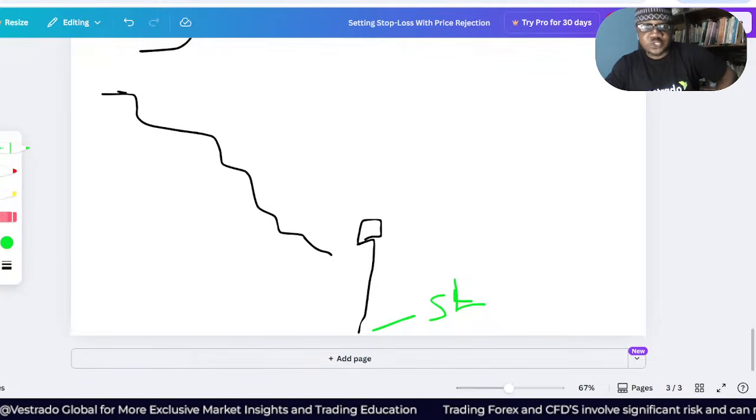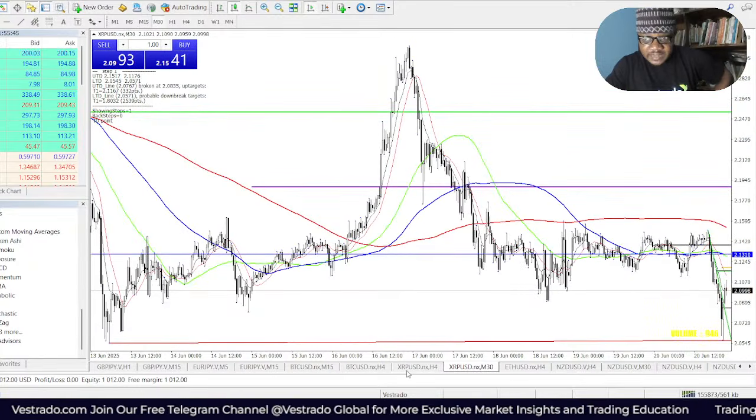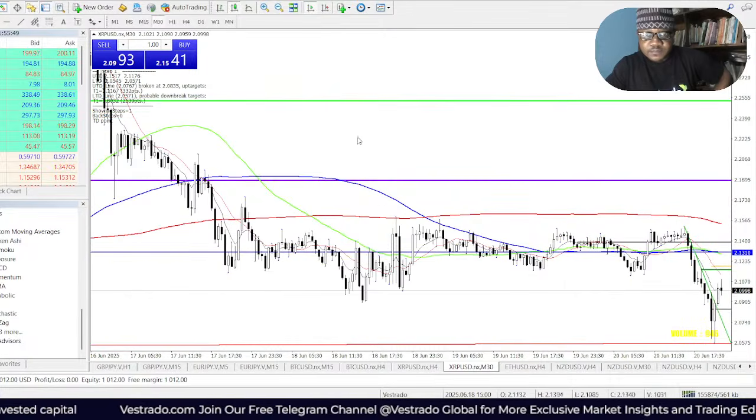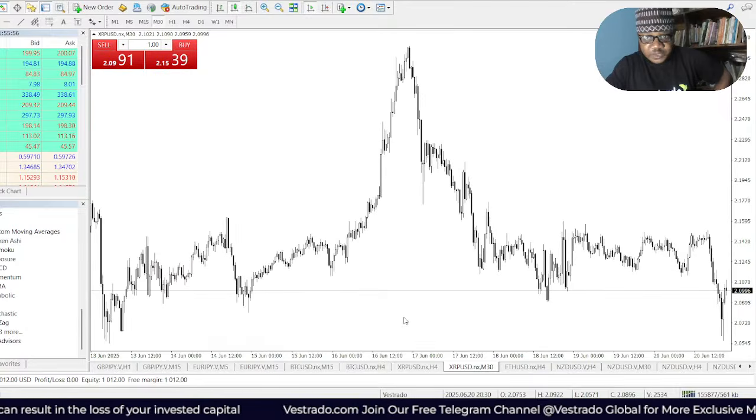Now let's go into the charts. Let's look for a place where we had strong price rejection. Look at Ripple, XRP USD. Look at this clear price rejection right here. Long wick.